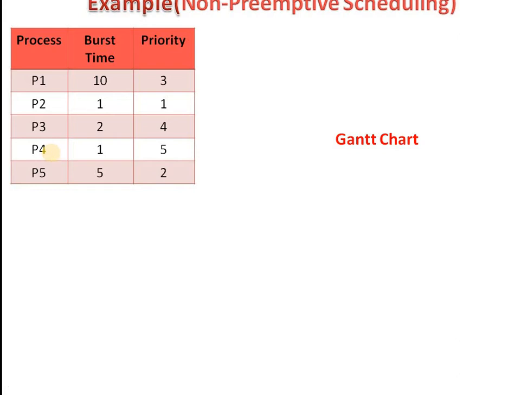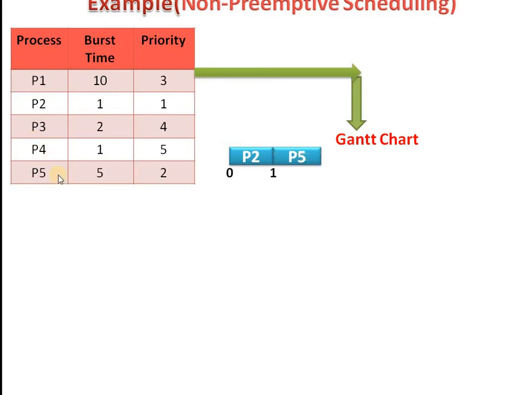Let's represent it in a Gantt chart. First P2 will be executed because it has the highest priority. Initially P2's waiting time is 0 and it executes for 1 millisecond. After P2 executes, P5. P5 requires 5 milliseconds, so 1 plus 5 is 6.